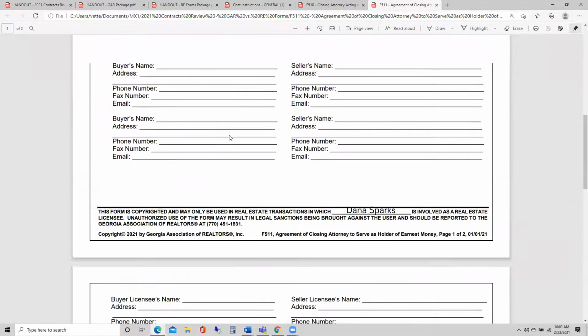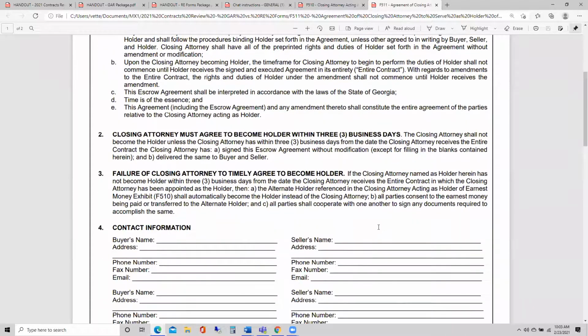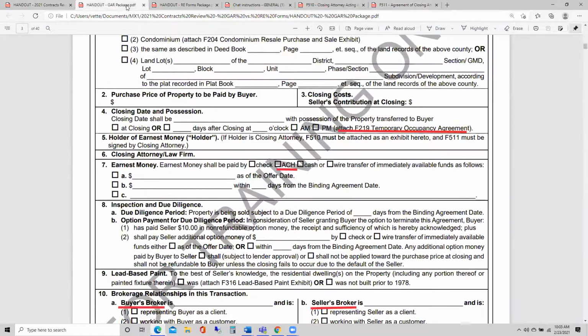The closing attorney basically says that they agree to fulfill all the responsibilities as holder of the earnest money. They agree to make the deposit. They agree to send notice, and so forth. If they don't agree within 3 business days after going binding, then the alternate holder becomes the holder. But again, this is only available in the GAR contract package.